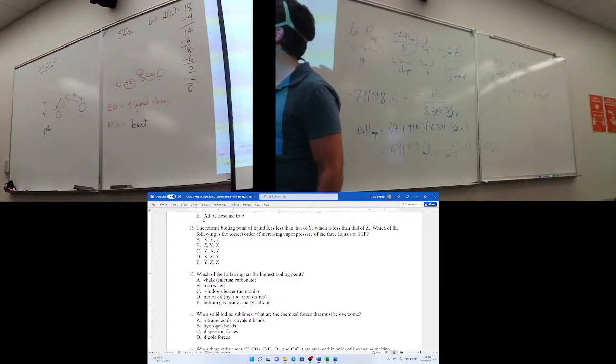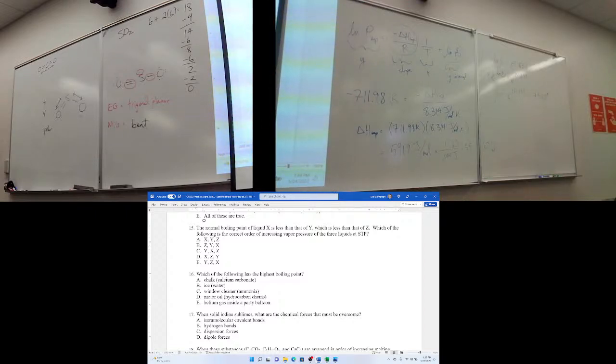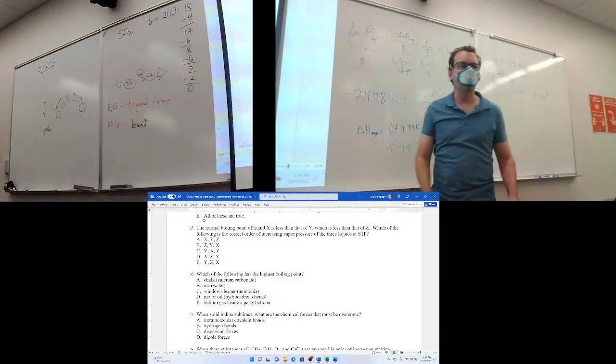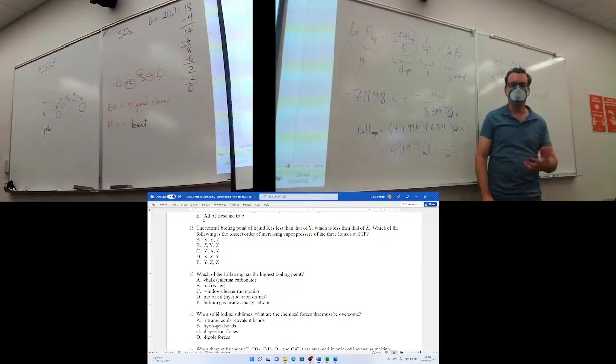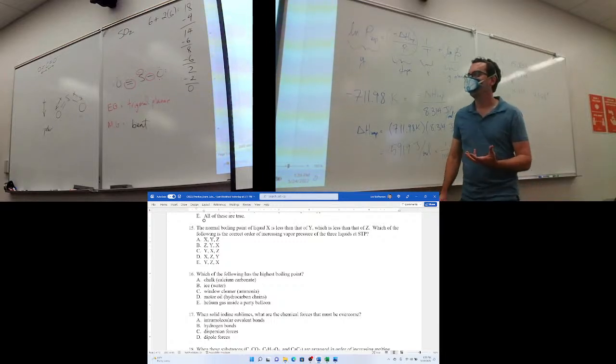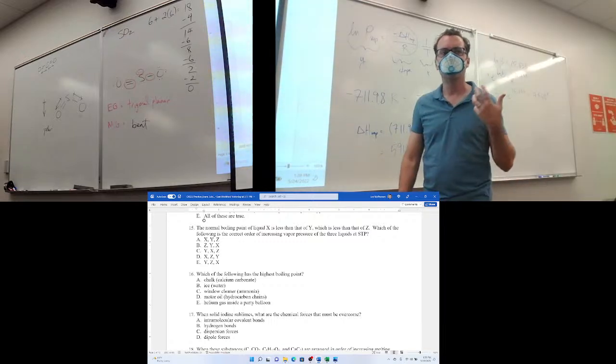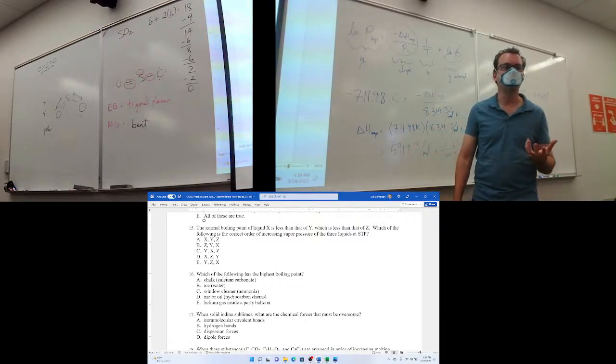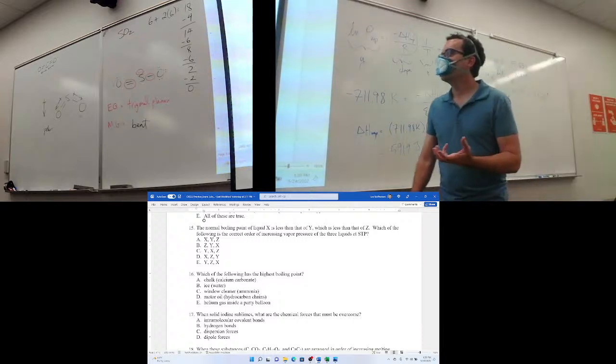But besides these molecular compounds, we've got this one, which is ionic. This goes back to Lab 2. Ionic solids, or ionic compounds, have really high melting points, almost always higher than molecular compounds.